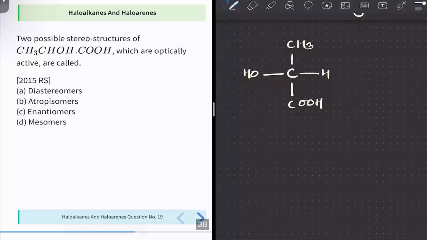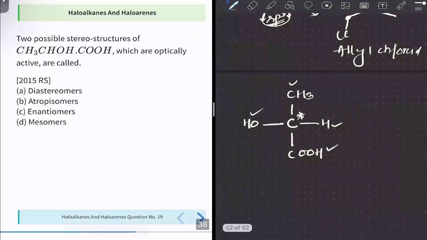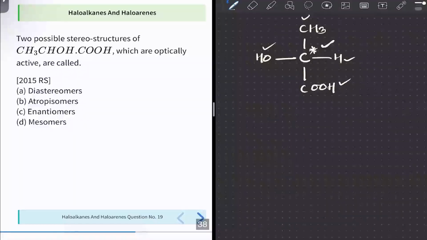Yes, it is a chiral compound because it has one chiral carbon center. Which one is the chiral carbon center? This one, because all the four atoms or groups are different. So what will be the two possible stereo structures which are optically active? As it is a chiral compound, it will form optically active isomers that are enantiomers.